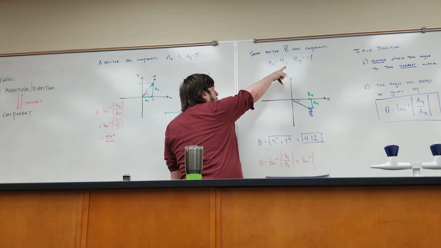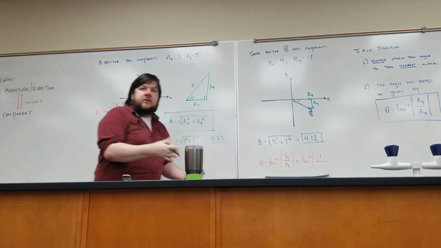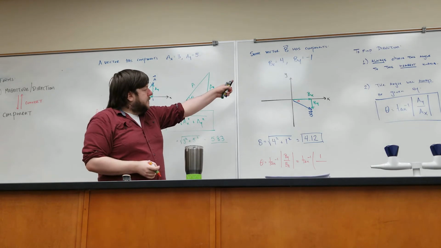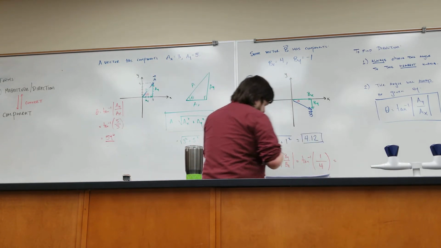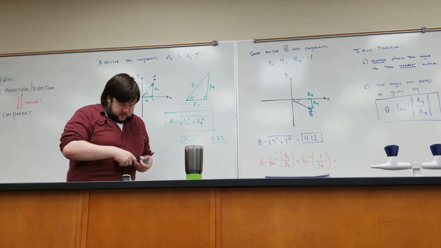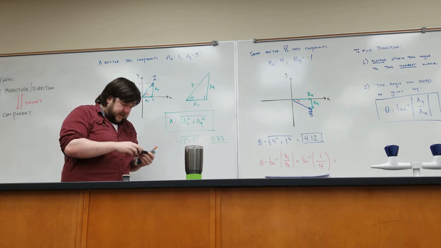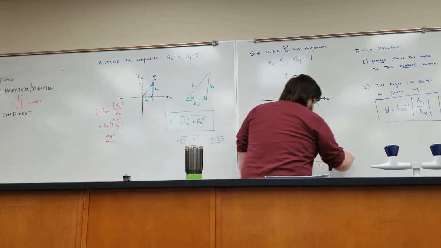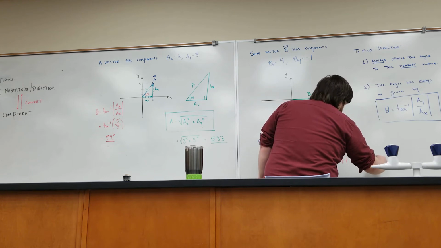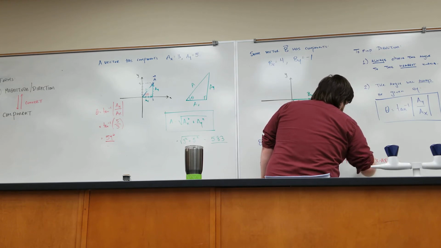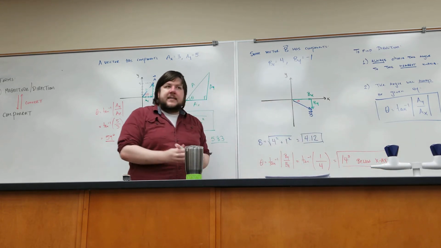What's the absolute value of the y component? Positive 1, right? The absolute value is just a positive number. What's the x component? 4. That's 14 degrees. So we can say it's 14 degrees below the x-axis.